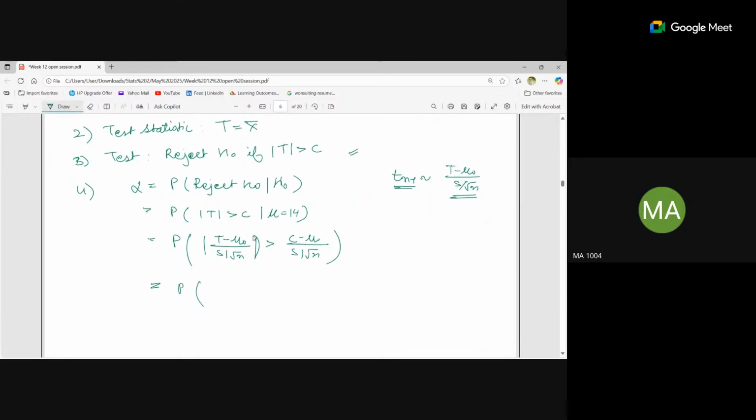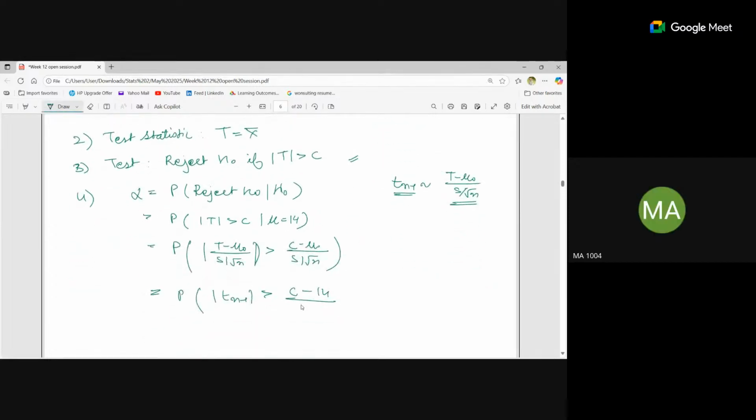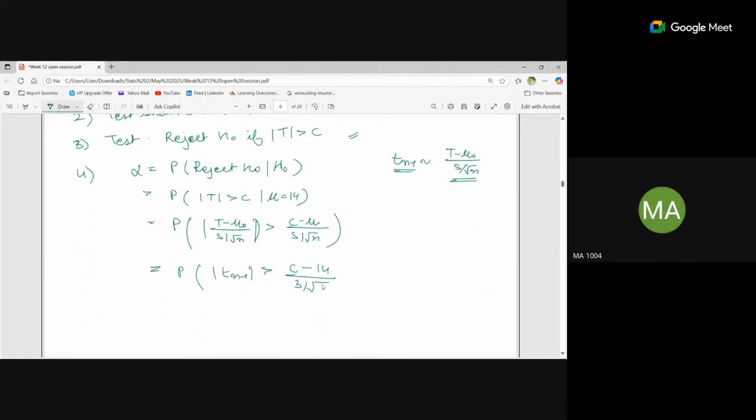Okay, now just put the values here. So this will be the probability of mod of T n minus 1 degrees of freedom greater than C minus mu naught. Mu naught is 14, divided by S, which according to the question is 3, divided by root N, and N is 36.